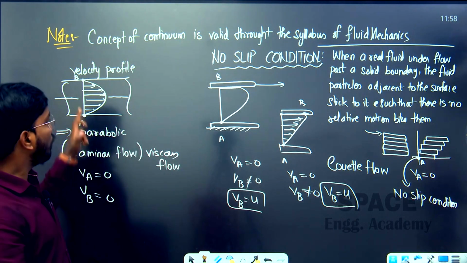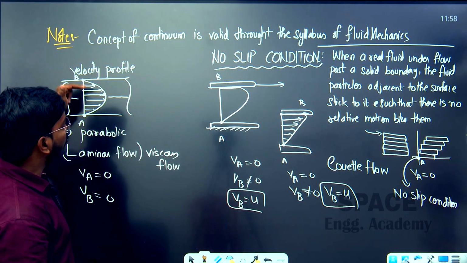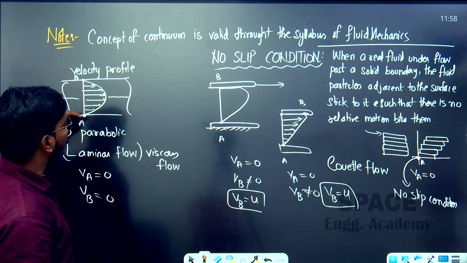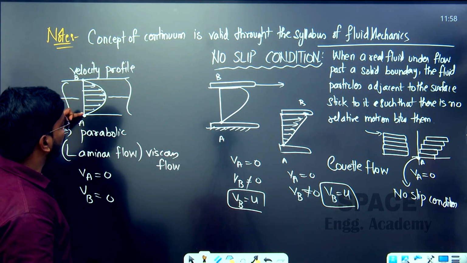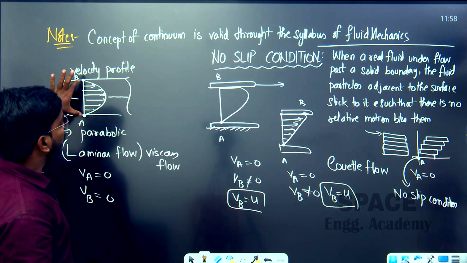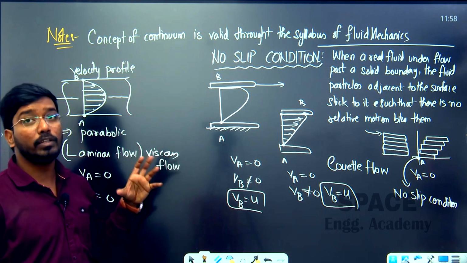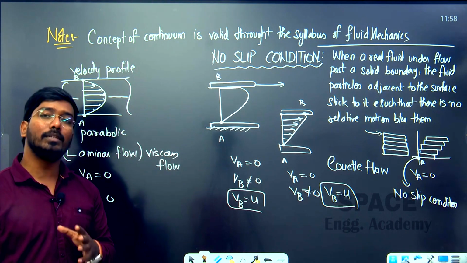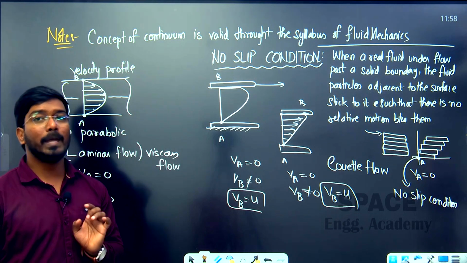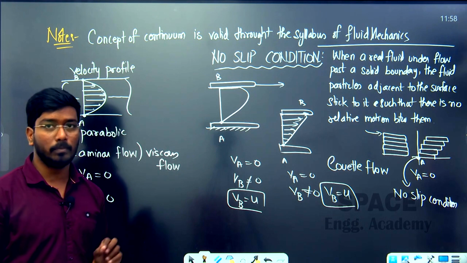So as the velocity profile comes away from the boundary, we can see the velocity increasing in a parabolic manner, and then while it is coming closer to the boundary, its velocity is again becoming zero. So wherever the velocity is becoming zero over some adjacent layer, where influence of frictional force is more, inertia is more, resistance is more, due to that reason velocity is becoming zero. That condition where velocity of the particle becomes zero is called no slip condition.